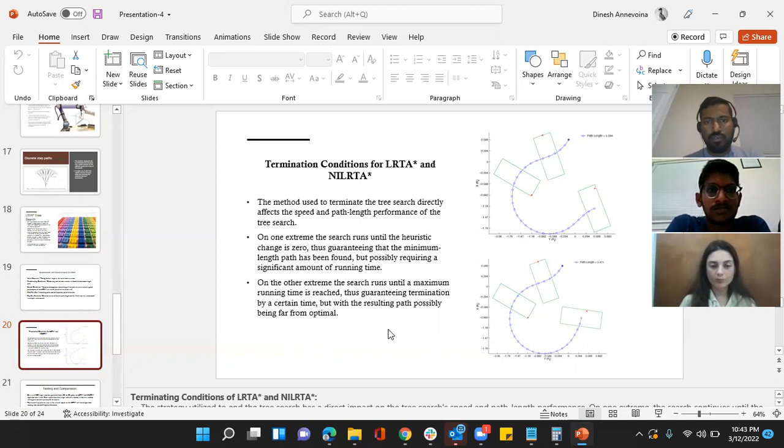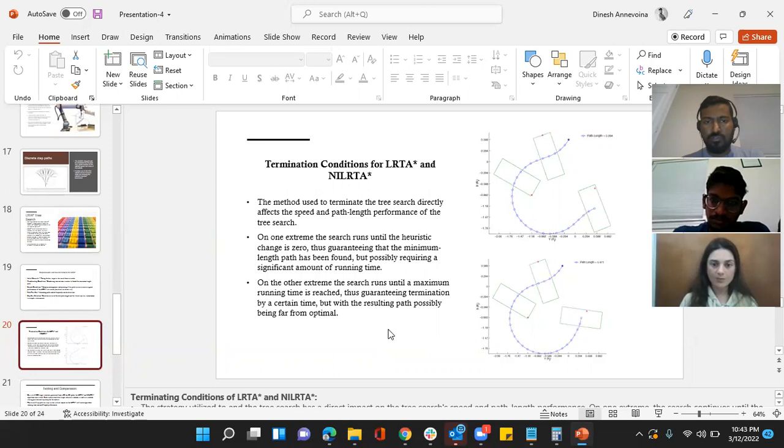Here, these two algorithms were trying to combine these two major drawbacks into a single one to produce an easy path for us. So they found this no-improvement learning real-time A-star algorithm, I would say, because by combining these two drawbacks, they terminate the longest paths to find the closest one.